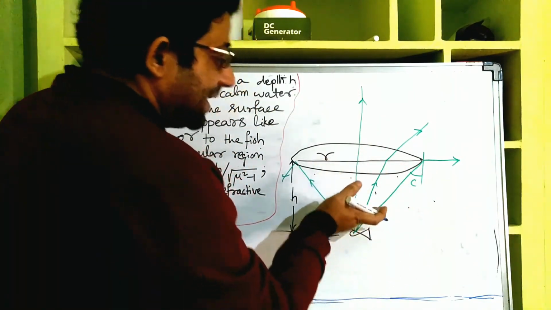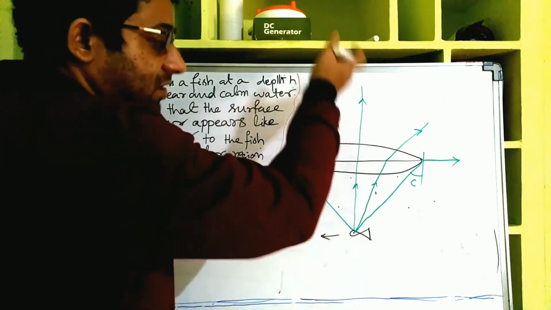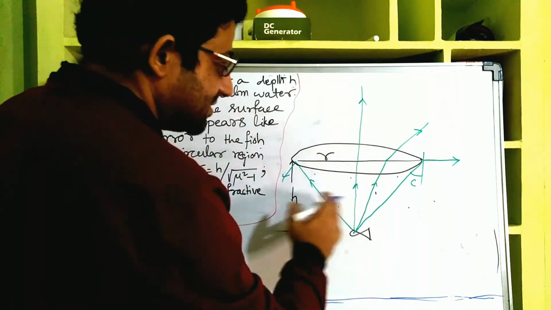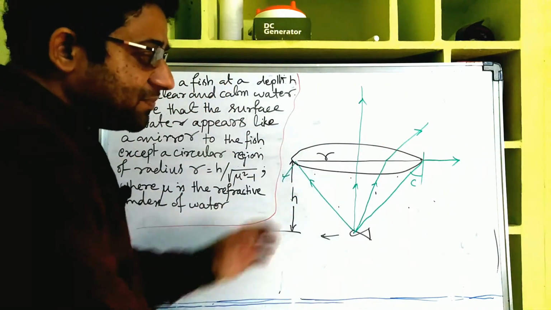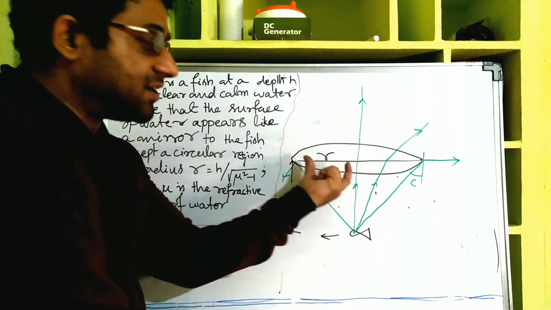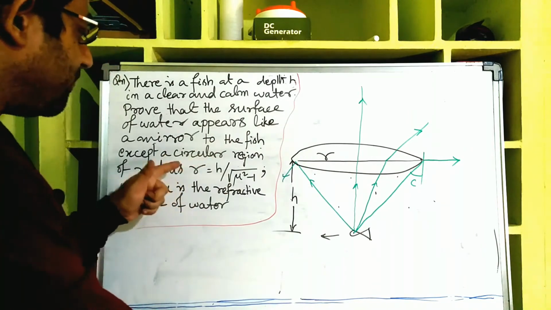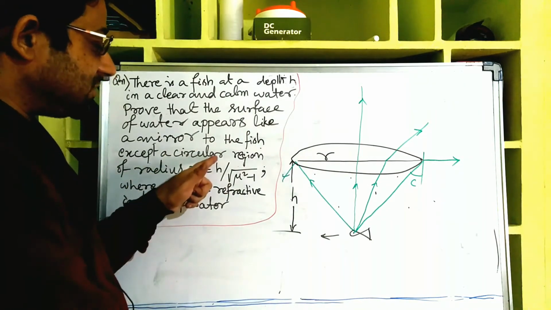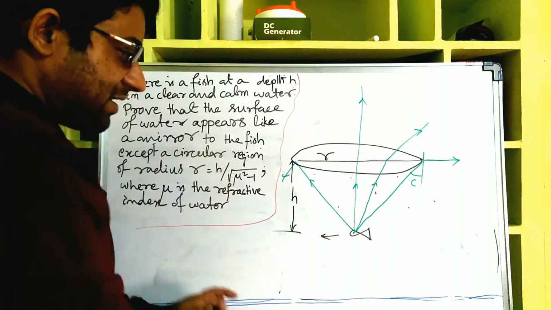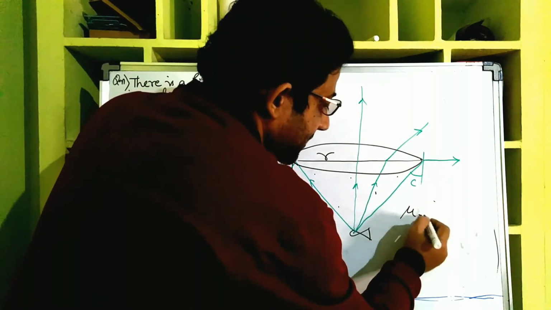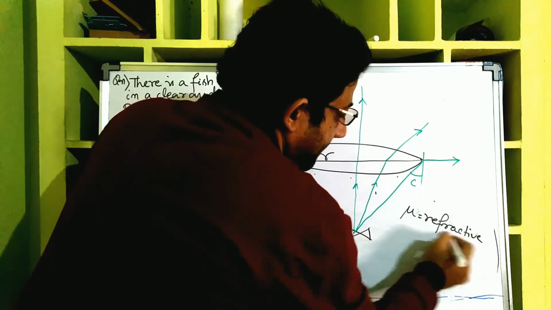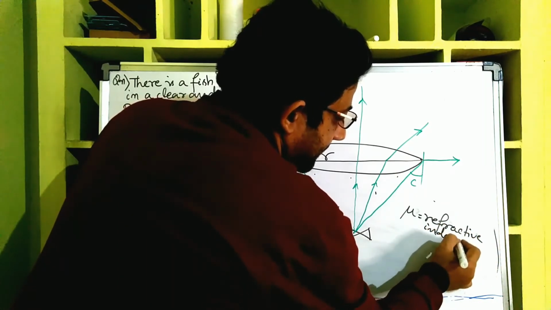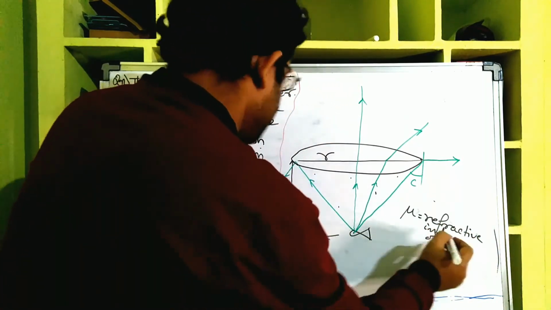But just before that, the sky is visible to the fish. That means the huge water surface will look like a huge mirror, except a circular region of certain radius. And we are now going to prove that the radius is equal to h upon root under mu square minus 1, where mu is the refractive index of water.